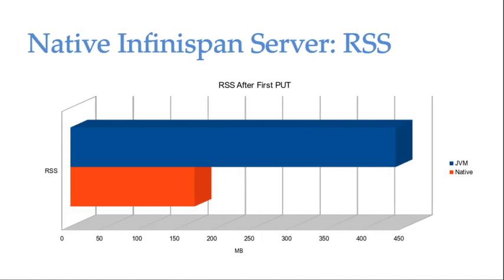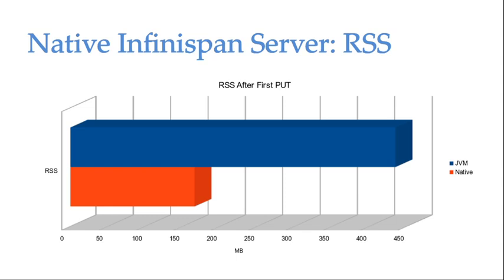So what does it mean from a total memory usage perspective? I'm going to show the difference between Infinispan running on the JVM and Infinispan running natively. This is the amount of megabytes required after the first put operation, from boot to first put.